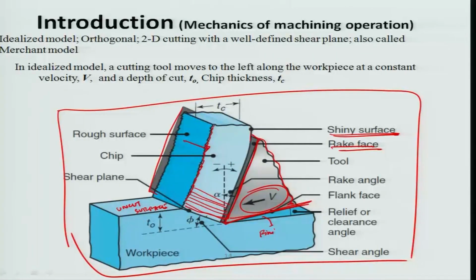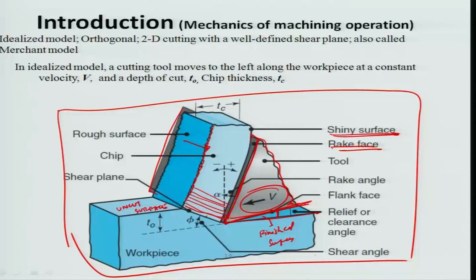This is the finished machined surface of the particular machining operation. Here you can see that there is an angle formed between the face here and the surface, and this is normally known as the relief or the clearance angle, because if this angle were 0, then the tool would rub on the surface of the finished material, and that would spoil the quality of the surface finish.